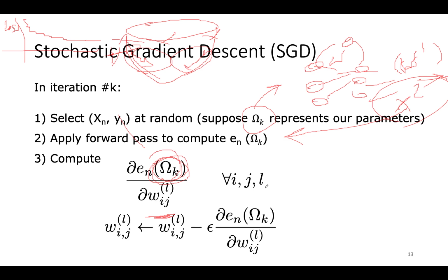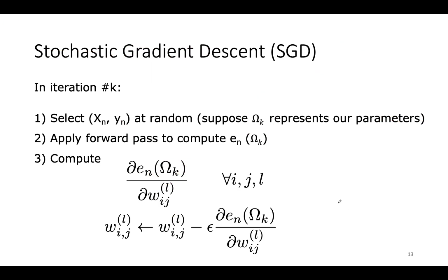So the update would be as follows. We use the gradients, we apply the step size with a minus, because we're going downhill, to the previous W, and this would be our new W, the updated one.